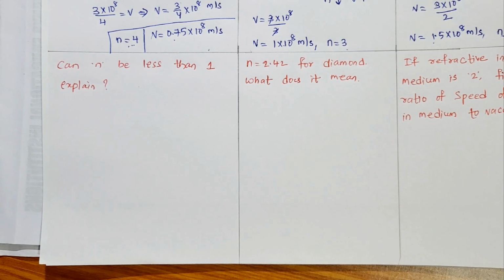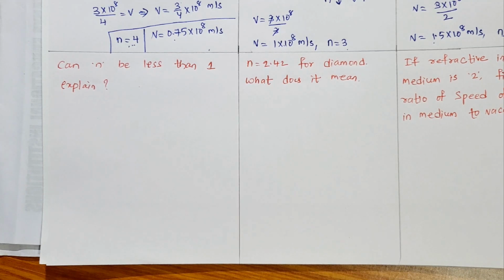This means absolute refractive index. Relative refractive index value can go less than 1. This point you neatly remember. Why? Because children will get confused.